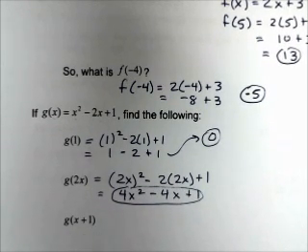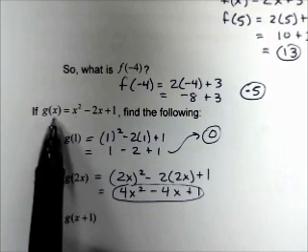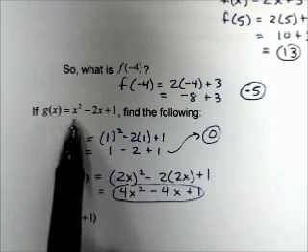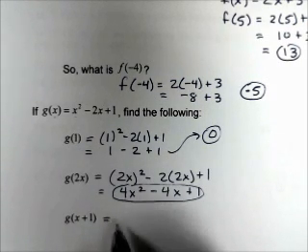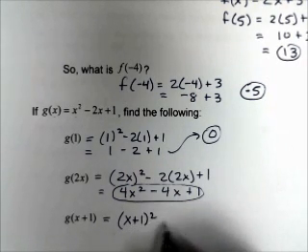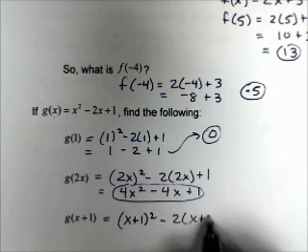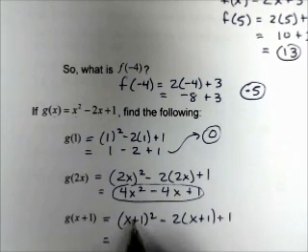G of x plus 1. Okay, we're going back up and replacing each x with x plus 1. So g of x plus 1 is equal to x plus 1 squared minus 2 times x plus 1 plus 1. Make sure we FOIL here. We'll end up with a trinomial, right?